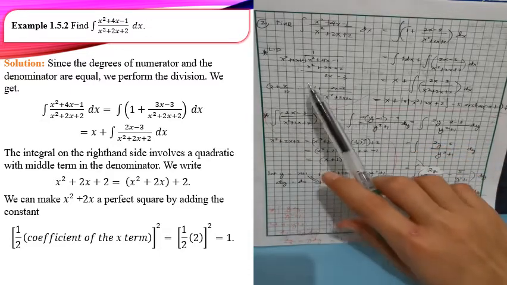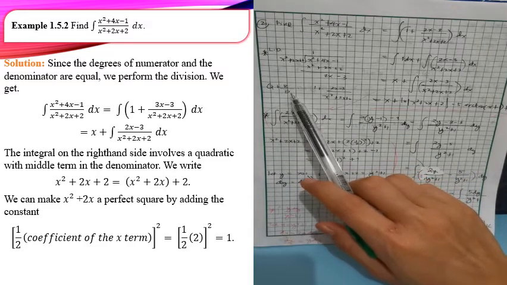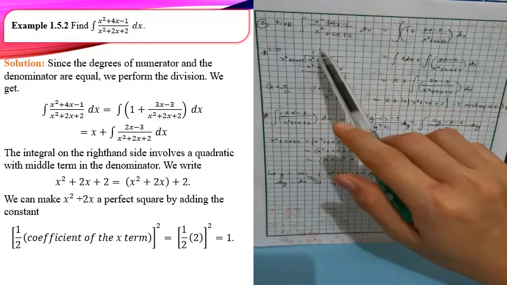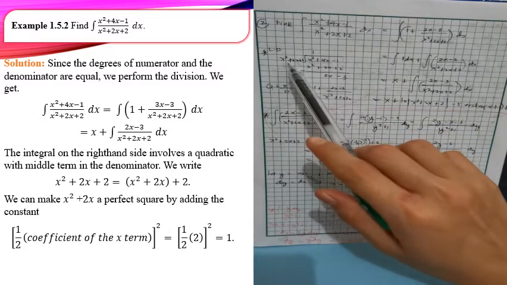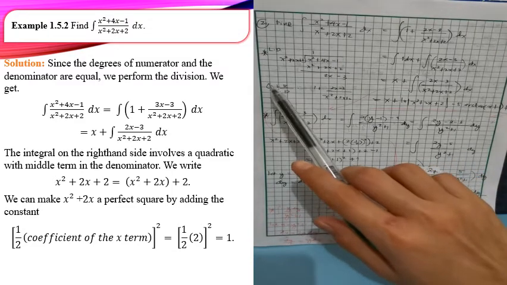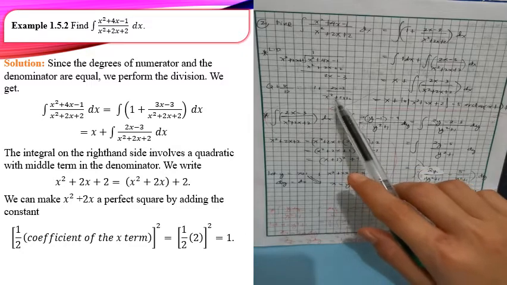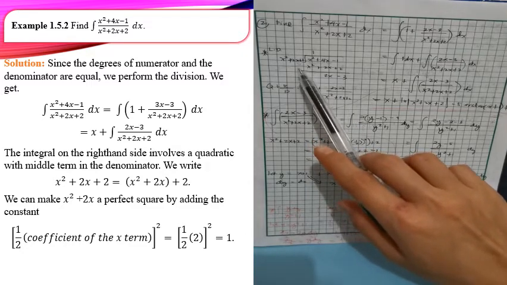So, in writing the answer in long division, it is the quotient plus the remainder over the divisor. So, 1 is our quotient, this is our divisor, and 2x minus 3 is our remainder. So, we have 1 plus the remainder 2x minus 3 over the divisor x squared plus 2x plus 2.